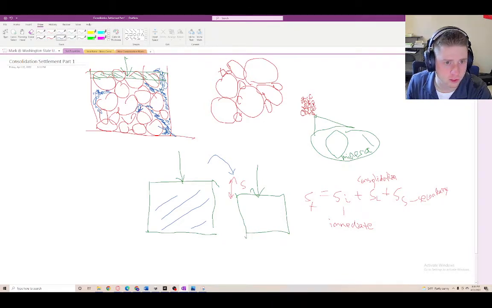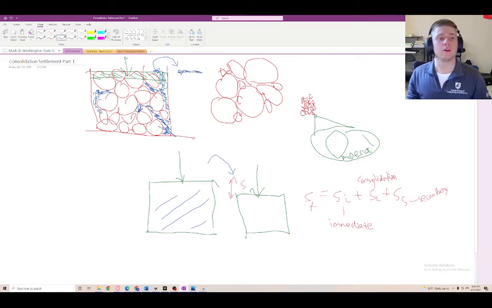Once you apply a stress to it, the water is gonna leave. Now, that's what consolidation is. It's you pressing down on the soil, and the water is leaving the soil, and so are voids like air.